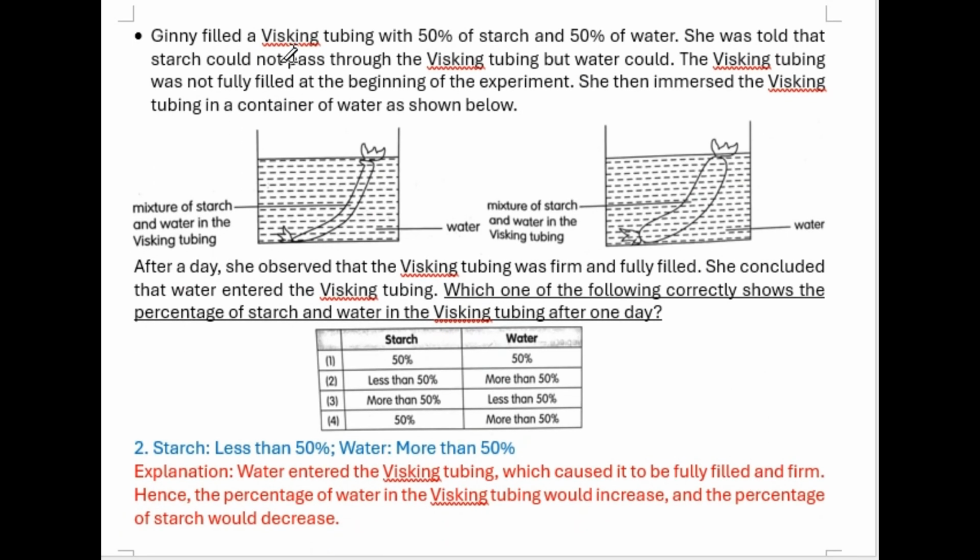Ginny filled a whisking tubing with 50% of starch and 50% of water. She was told that starch could not pass through the whisking tubing, but water could. The whisking tubing was not fully filled at the beginning of the experiment. She then immersed the whisking tubing in a container of water, as shown below.